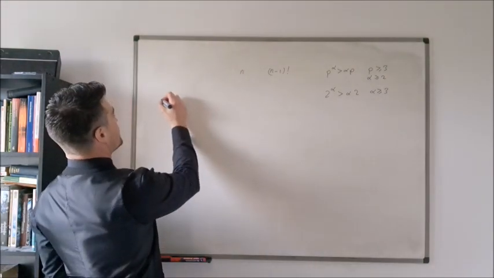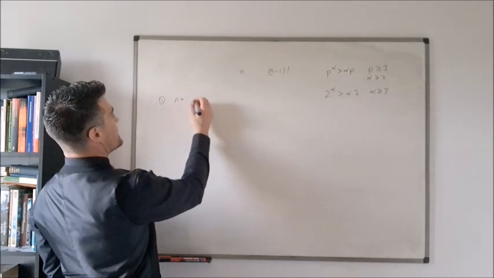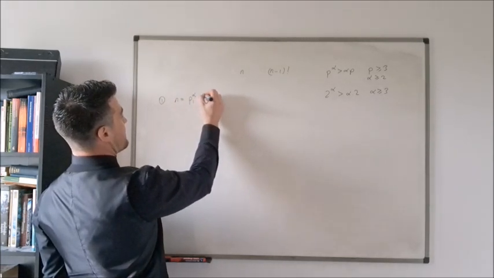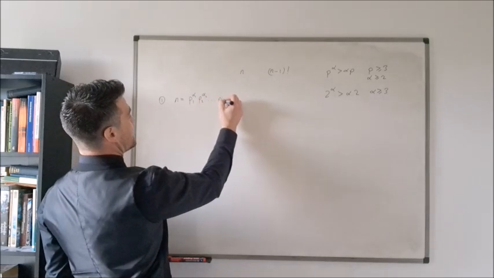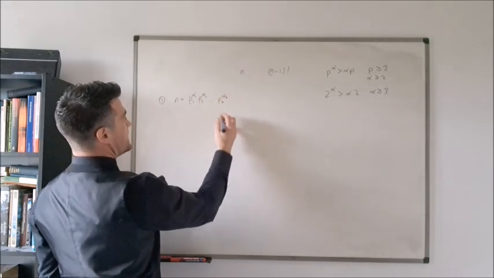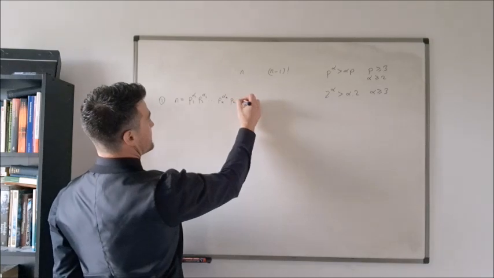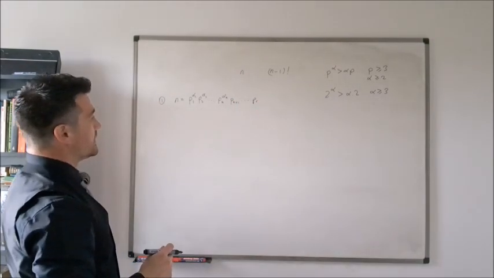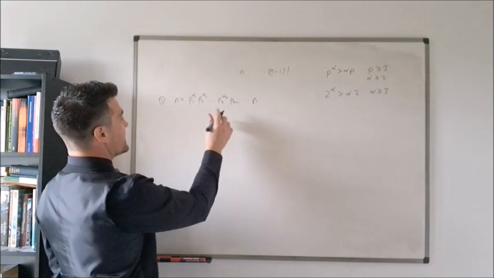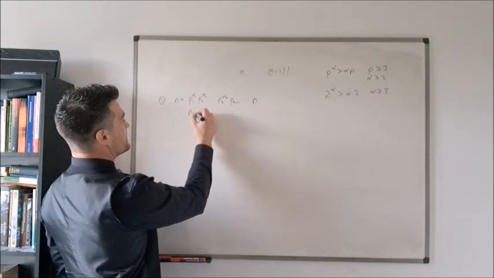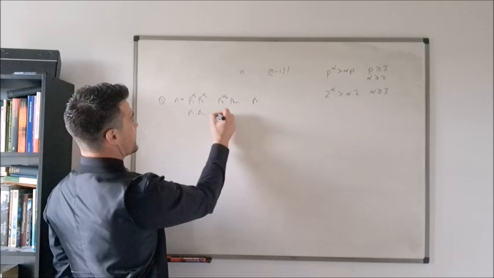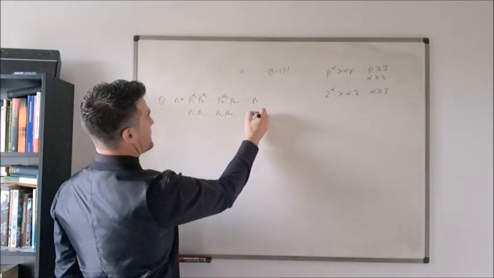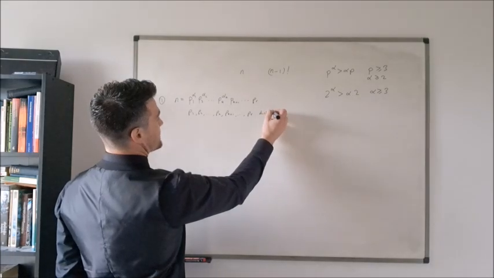So this is case number 1: n equals P1 to the power of alpha 1, P2 to the power of alpha 2, up to Pk to the power of alpha k, times Pk plus 1 up to Pr. All of the P1, P2, up to Pk, Pk plus 1, up to Pr, these are all distinct primes.